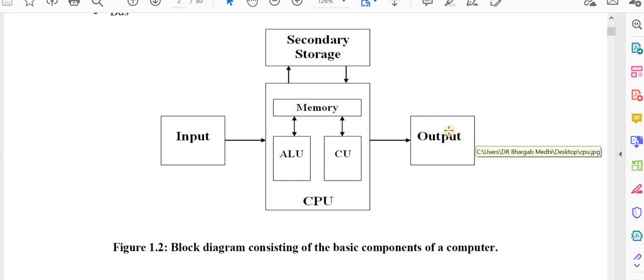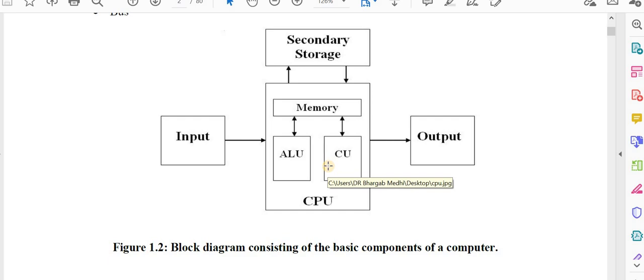For example, monitor, printers, etc. And then what is CPU? CPU means central processing unit, which is nothing but the brain of the computer. The computer system is nothing without the CPU. So it is also known as the brain or heart of the computer.